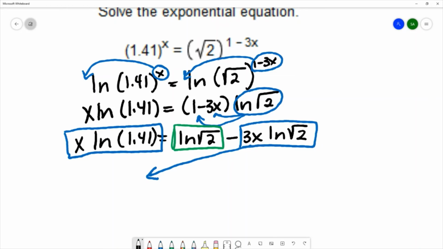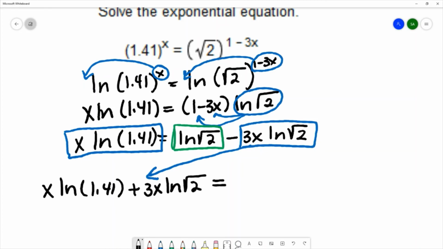So reorganizing these terms, I will have x natural log of 1.41, and I'm going to move that minus 3x natural log square root of 2 by doing the opposite sign to move that to the other side.